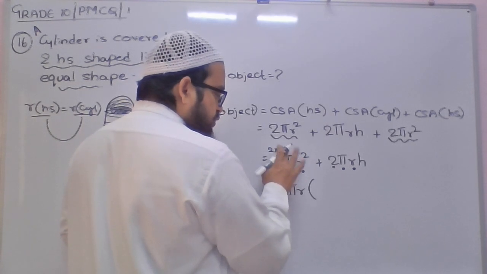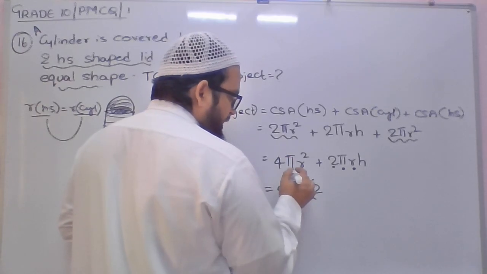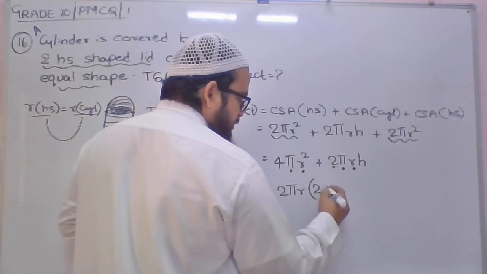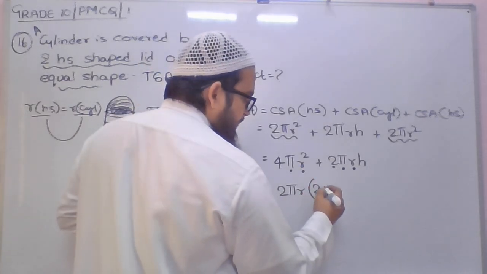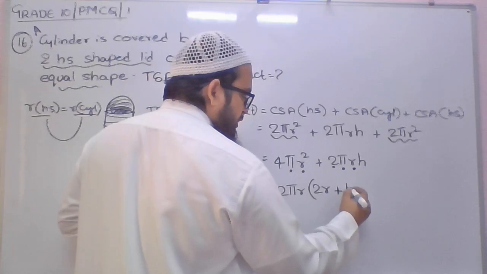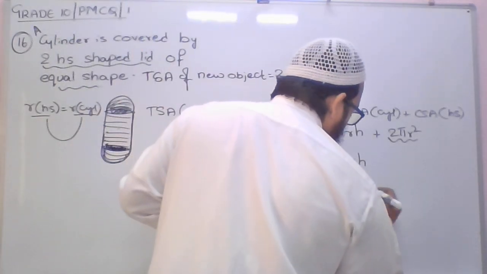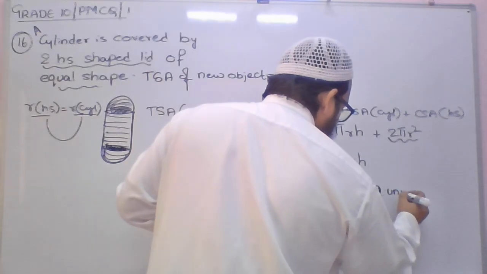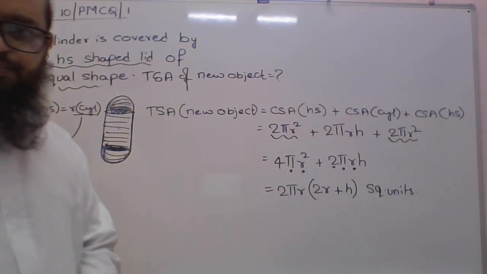If I take one 2 common, what is left out? Another 2. Is it right? And if I take pi, nothing is left out. And from r square, if I take one r, another r is left out, plus 2 pi r, when I take common, what is left out? h. So 2 pi r into (2r plus h) square units. So this is the answer. I hope everybody understood.